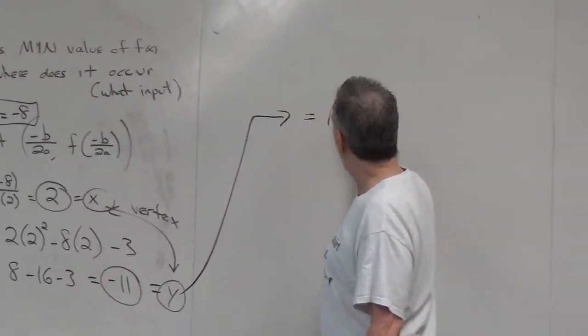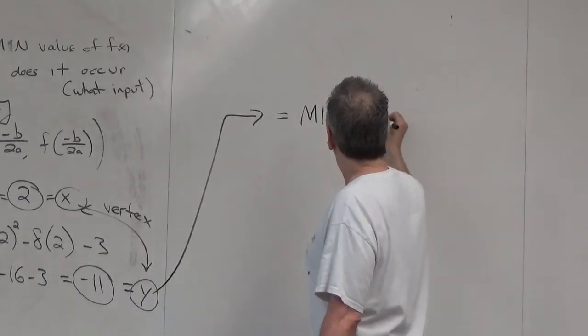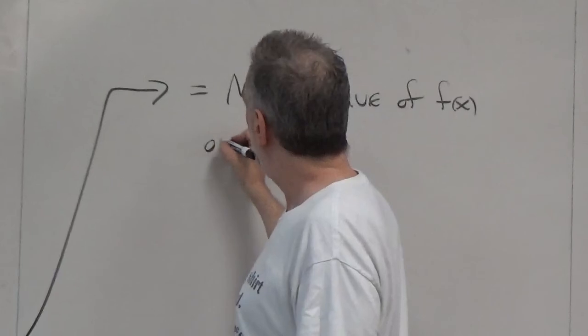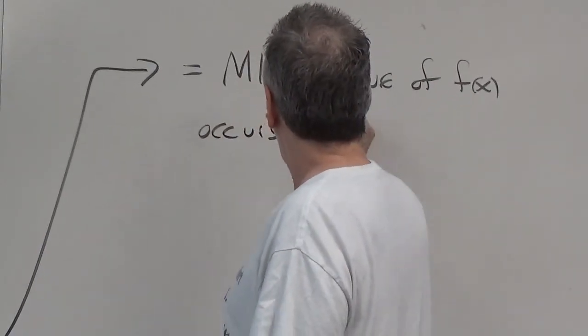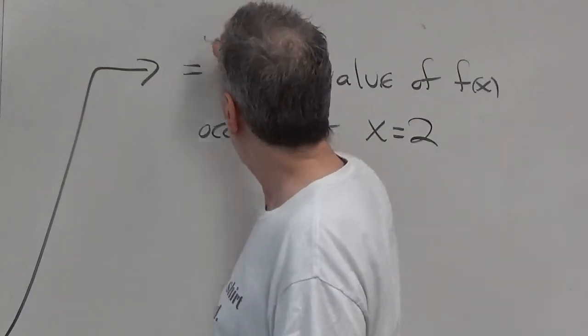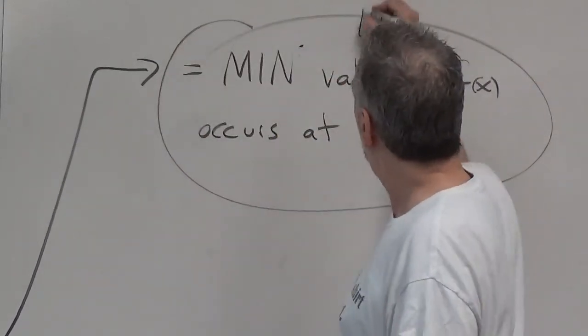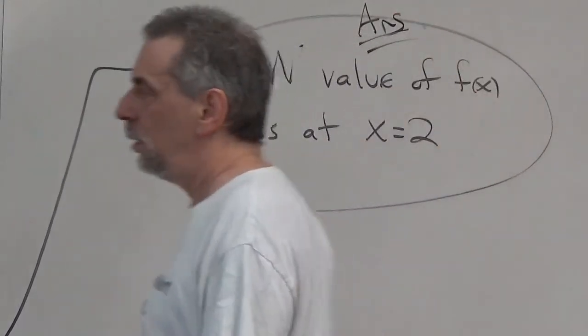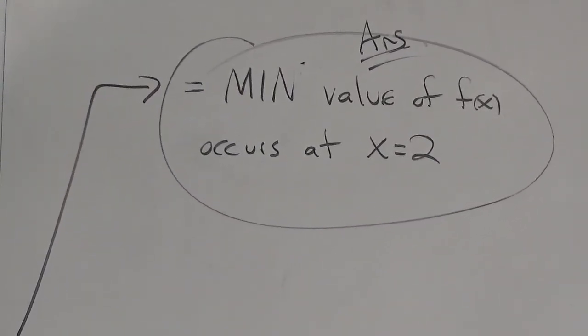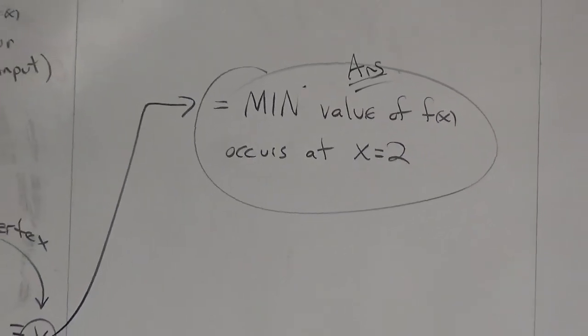This is the minimum value of the given function, and it occurs at an x value of 2. And that's your answer. So these are the things we want to be able to analyze about quadratic functions.